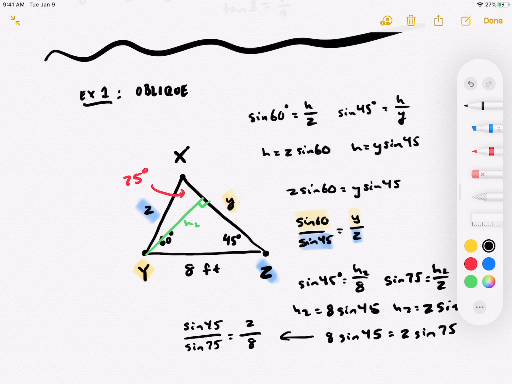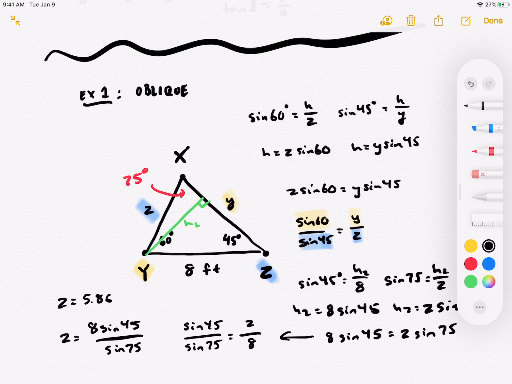In fact, I could just punch it into my calculator here, and I could say that z is equal to 8 sine 45 over sine 75. Making sure you're in degree mode. You will get that z is equal to 5.86.